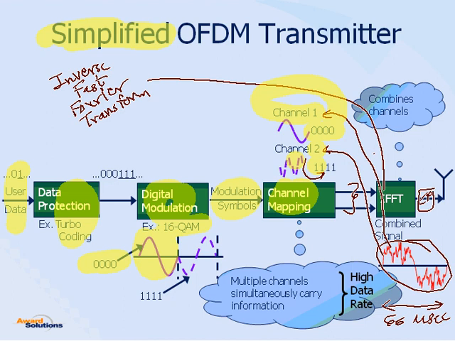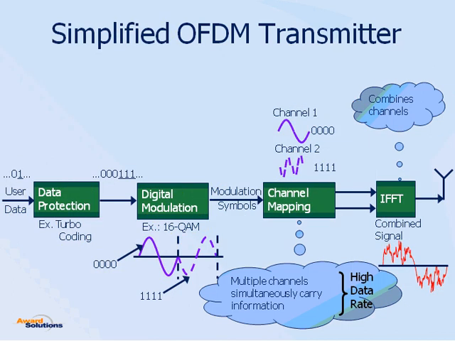So at the transmitter, the main processing block is this IFFT, and this IFFT will combine the subcarriers into this one OFDM symbol. And as I mentioned earlier, over the air, OFDM symbols are being transmitted.